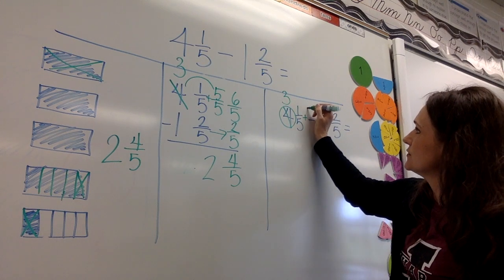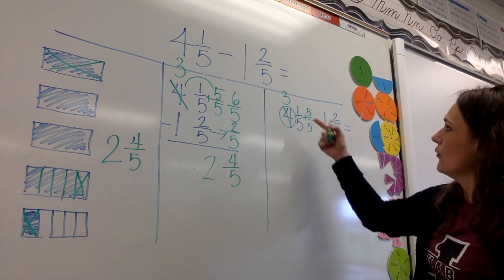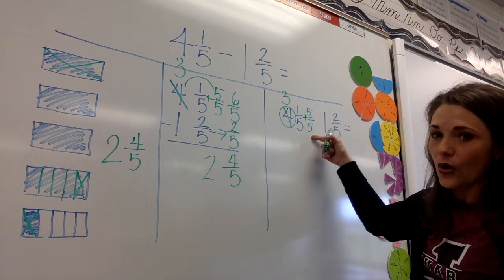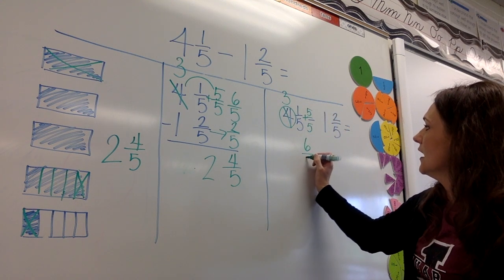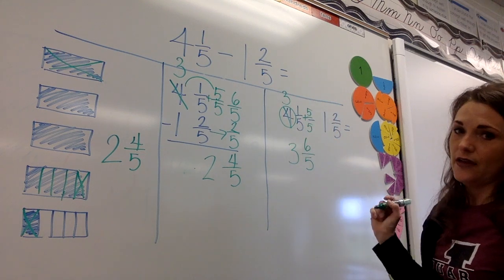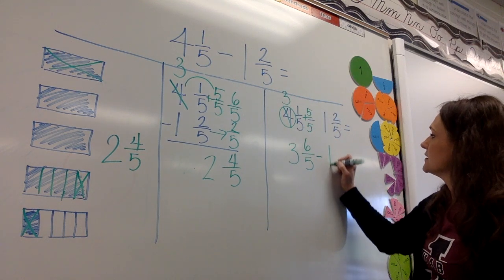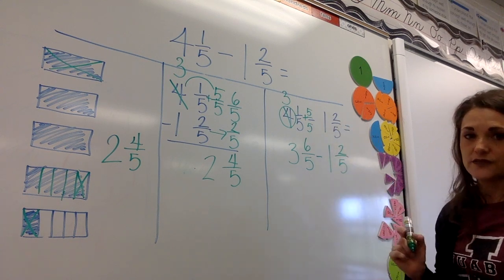So I could actually just put it right here in my problem and say 1/5 plus that 1 whole, 5/5, is going to be 6/5. And now I have 3 and 6/5. And now I can subtract my 1 and 2/5 from that.